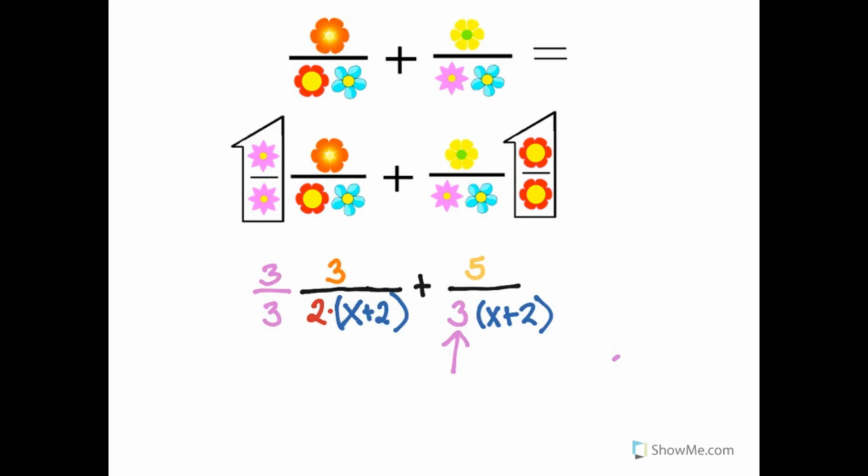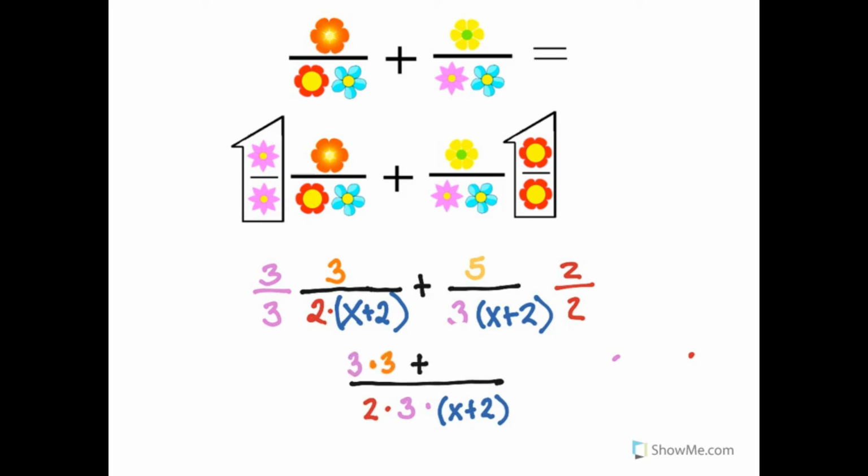And all I need to do is multiply the second one by the thing in the denominator that it doesn't have. Then I can simplify. The new denominator has all 3 factors, so it matches for both of them. The first numerator is 3 times 3, and the second numerator is 5 times 2.